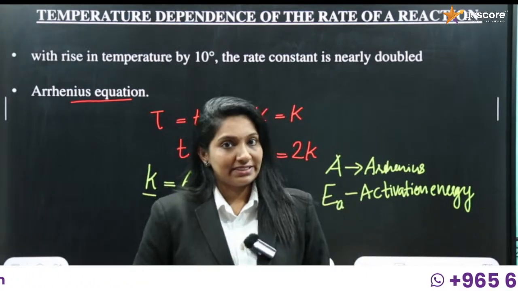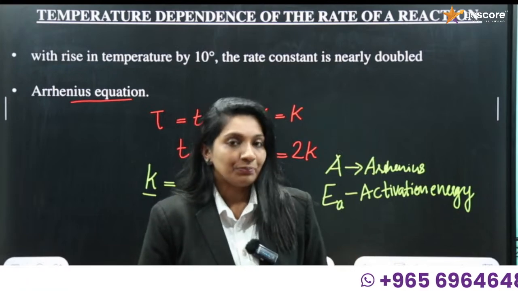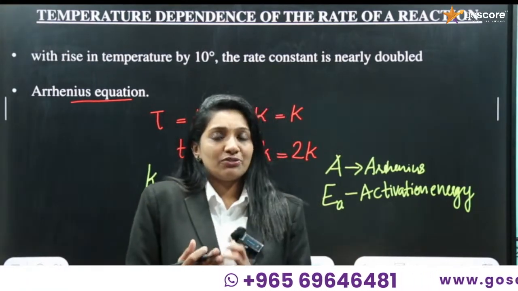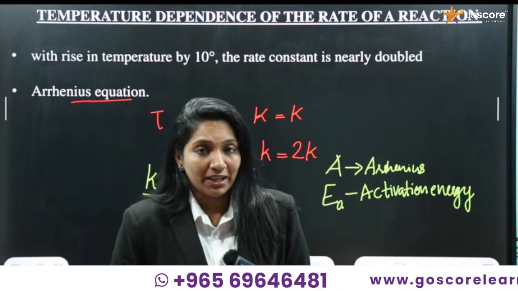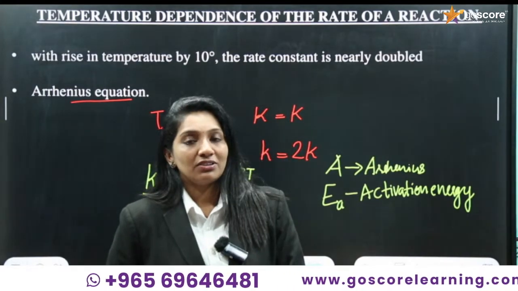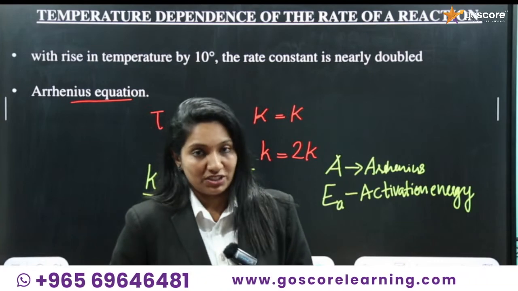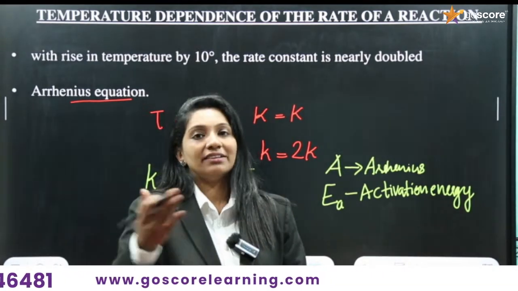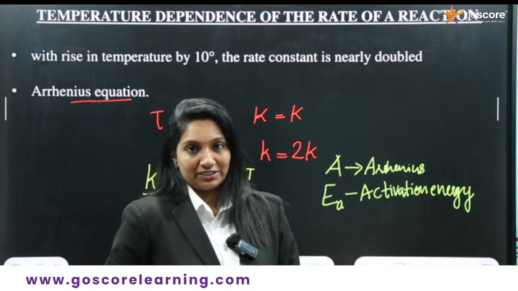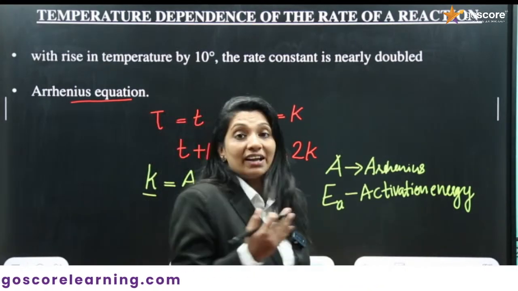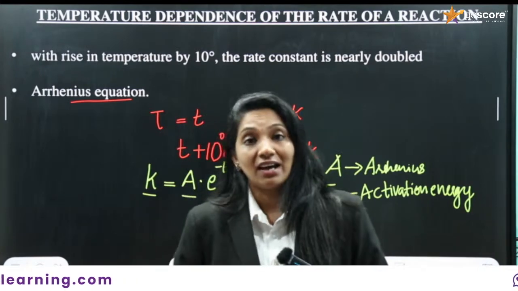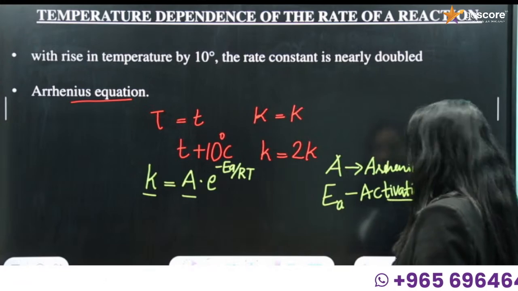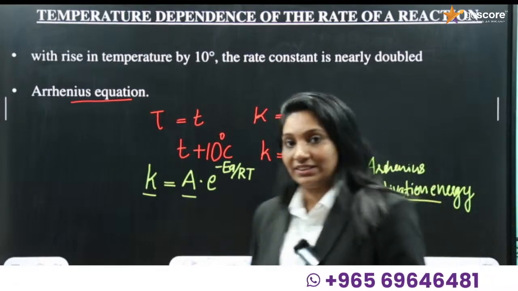We will discuss it in detail in the catalyst session, but for your understanding: for certain reactions to take place, the reactant molecules should possess some extra energy that leads to the collision of the reactant molecules and thereby the formation of product. That extra energy possessed by the reactant molecules is what we call activation energy. We will discuss it in detail.